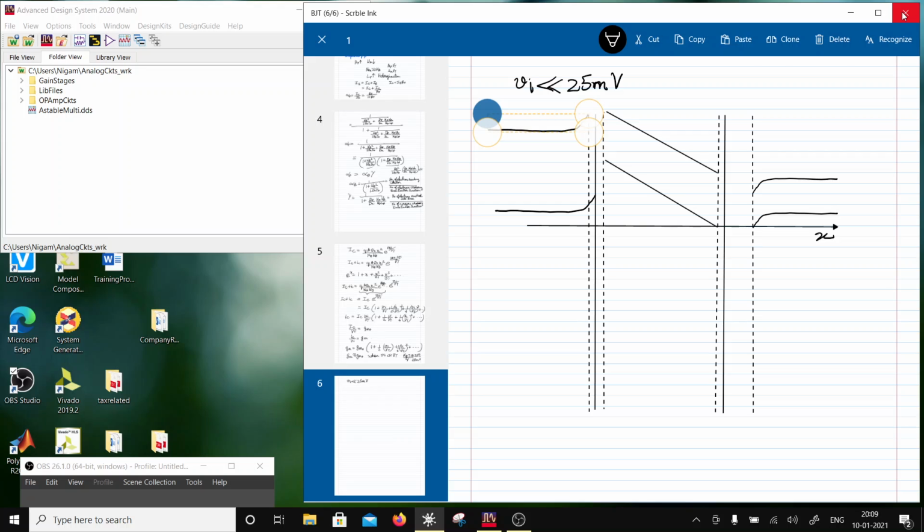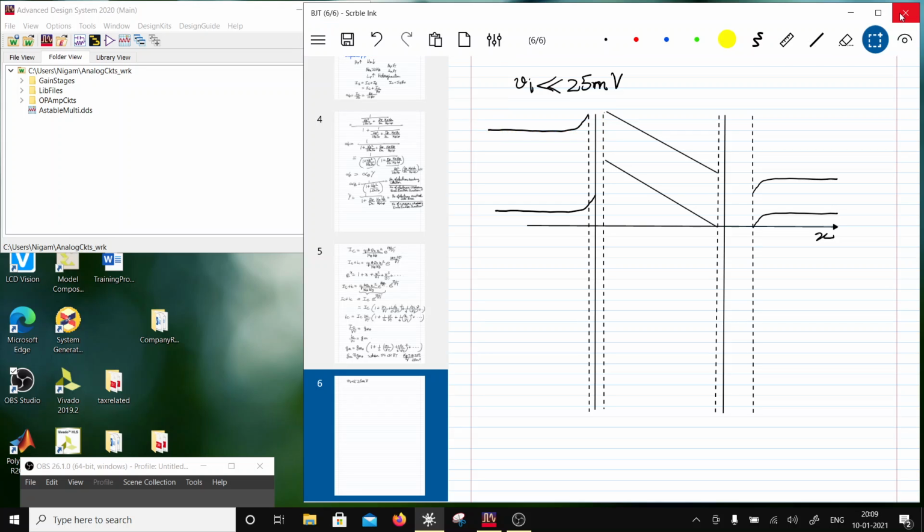Okay, so this is the majority carrier density. So we had something like this, and our concern was this NPX, right? Which NP0 was NPO, so this is x equal to 0, this is x equal to WB.